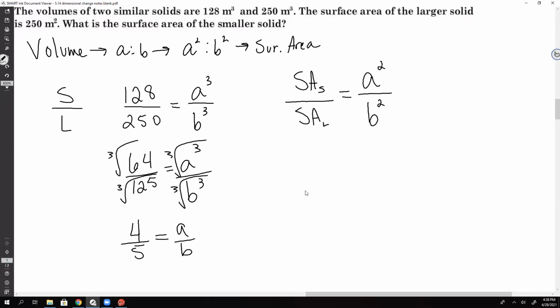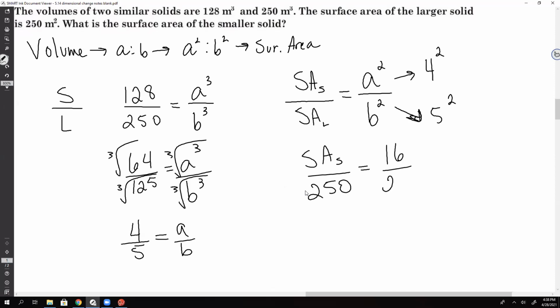So now I'm going to fill in what I know. I need the surface area of the small one. I know the large one is 250. And then A squared: A is 4, so 4 squared, and B is 5, so 5 squared. 4 squared is 16, 5 squared is 25.